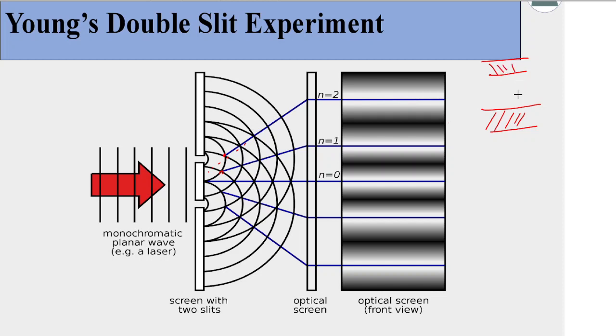Rather, what happens is the center of the bright band will have maximum intensity as given here, and when we go away from the center of the bright band, intensity will decrease. This center has a maximum intensity. When we go away from it, intensity keeps on decreasing. At some point, intensity becomes 0. So this is taken as the dark band.